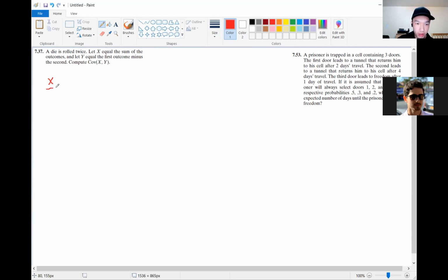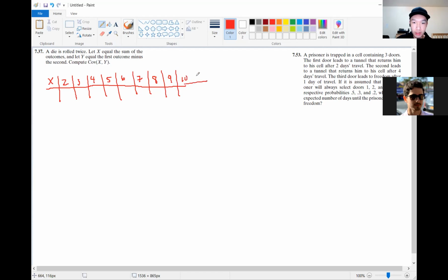So if that's the case, then the possible values of x are from 2 all the way to 12, right? So x can be 2, 3, 4, 5, 6, 7, 8, 9, 10, 11, and 12.